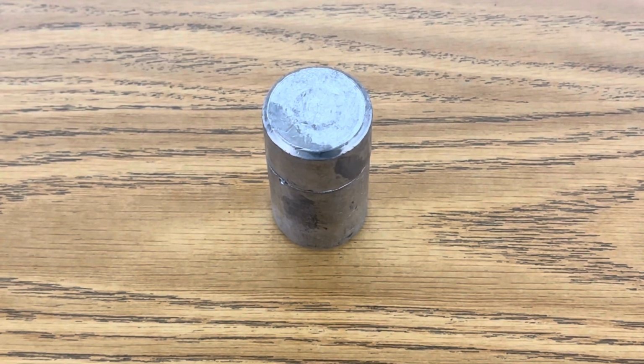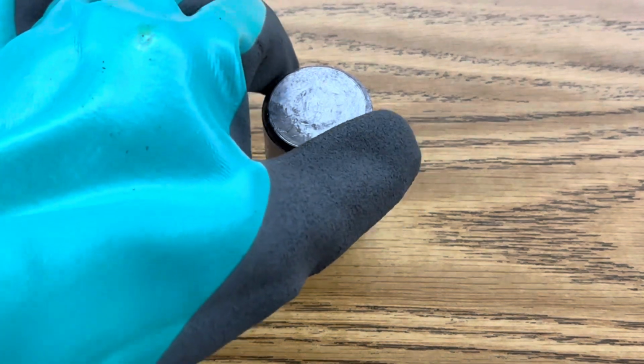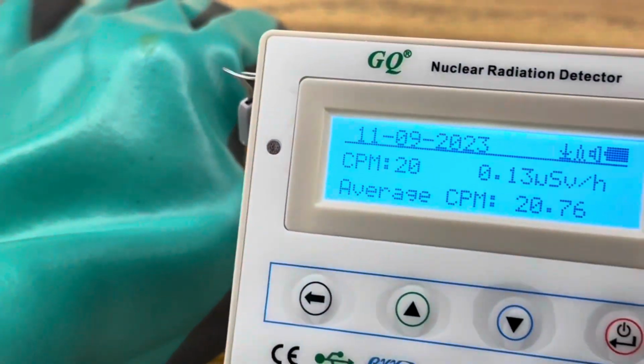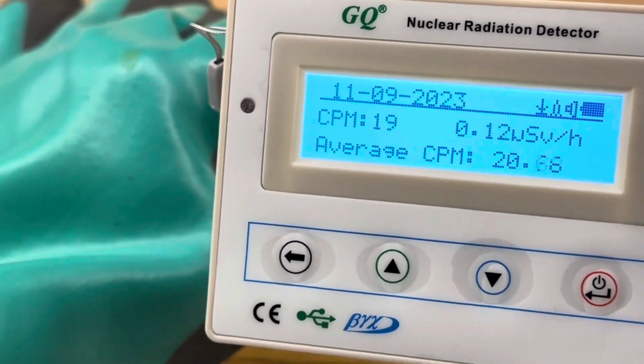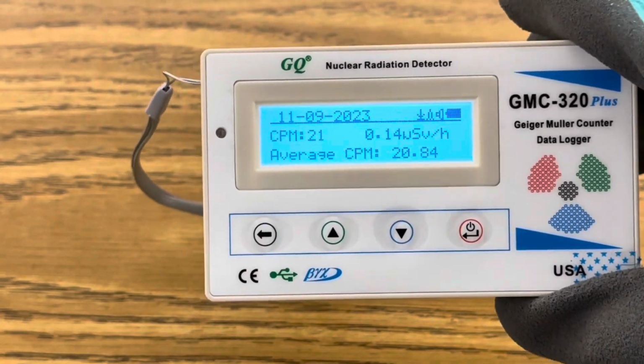Okay, now these next samples of uranium-238 are stored in lead, and that's because they give off more radiation. So right now, we're at about a CPM of 19. And let's see how that increases.